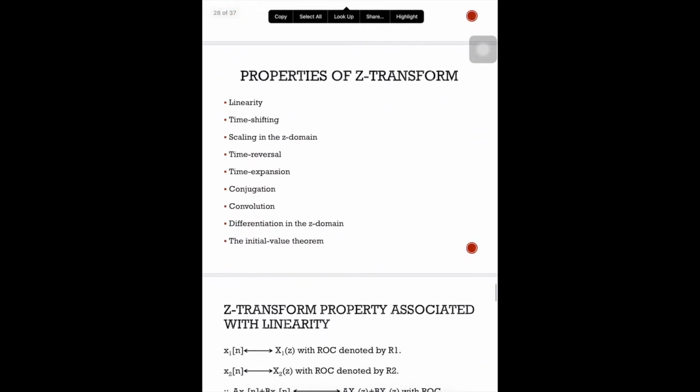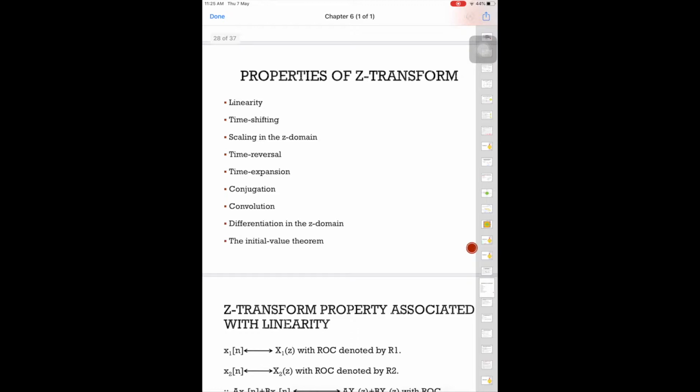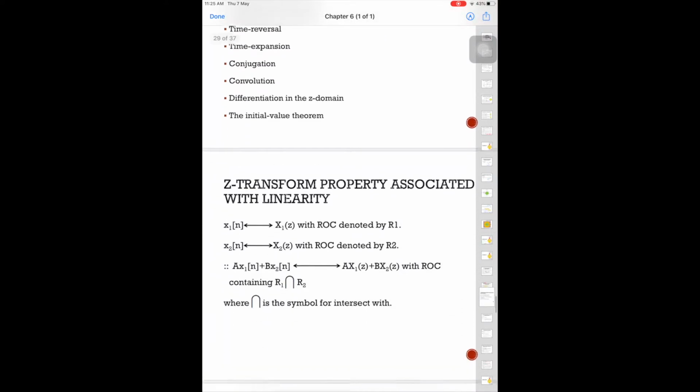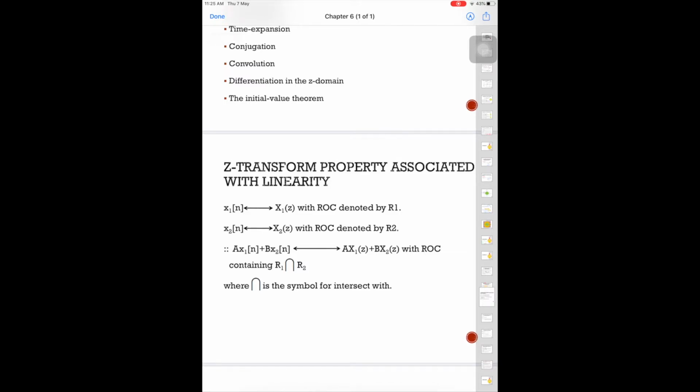Next, similar to DTFT, we have the properties of the Z transform. We have linearity, time shifting, scaling in Z domain, time reversal, time expansion, conjugation, convolution, differentiation in Z domain, and the initial value theorem. Basically linearity is actually the same.